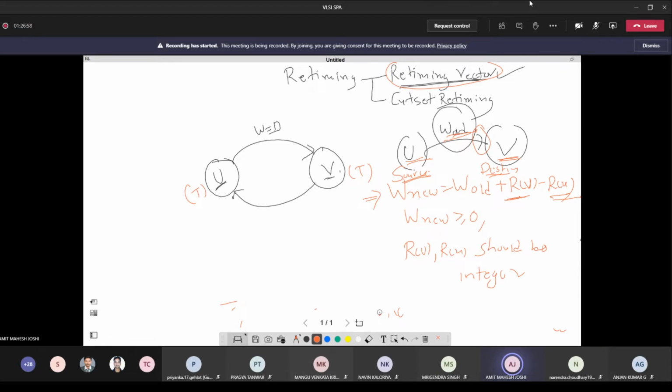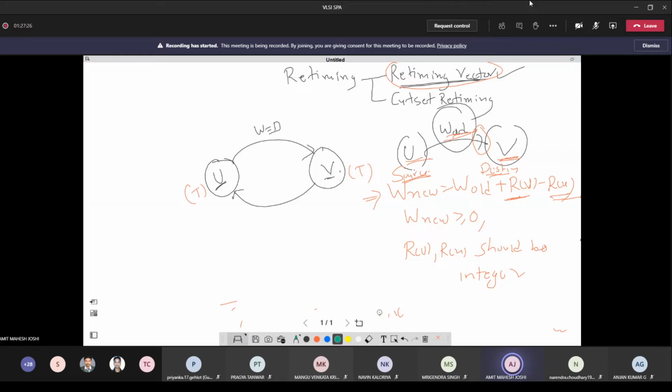Now for this particular graph, I am interested in the retiming concept. Retiming is always applied to my critical path. So in a graph, first I need to find the critical path so that I can start my retiming.